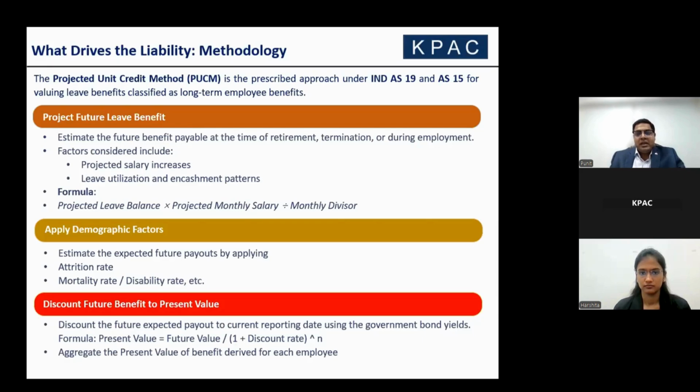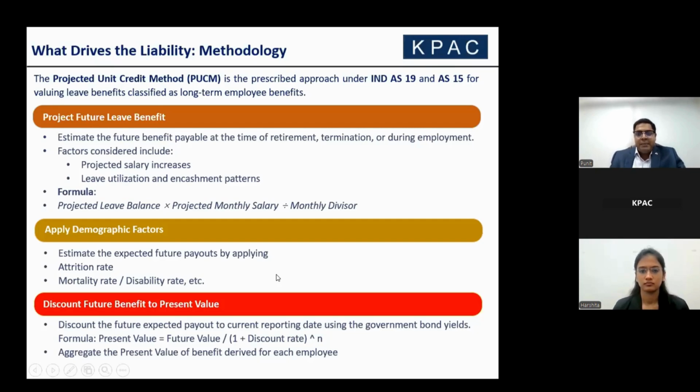The PUCM method involves three main steps. First, project future leave benefits. Under this, we estimate the benefit payable at time of retirement, termination, resignation, or during employment. Factors considered here include projected salary increase and the patterns of leave utilization and encashment.